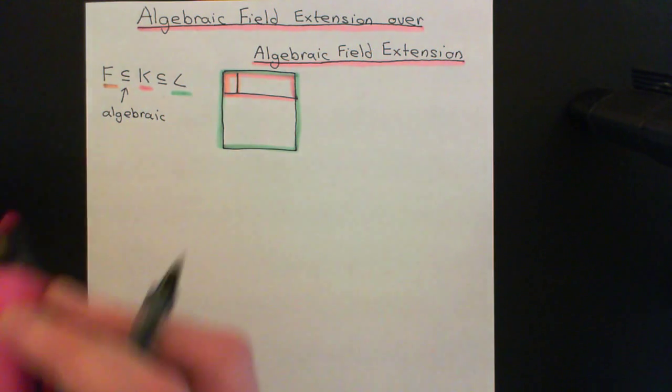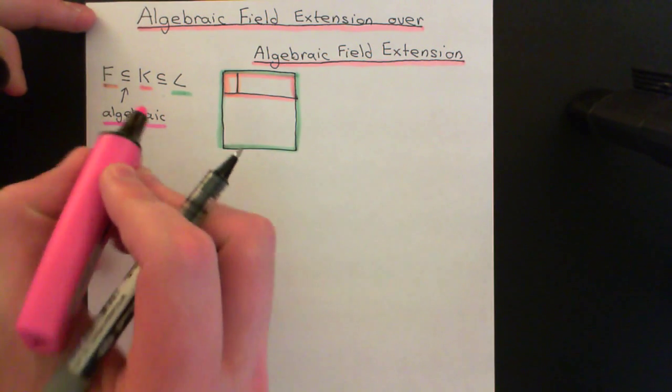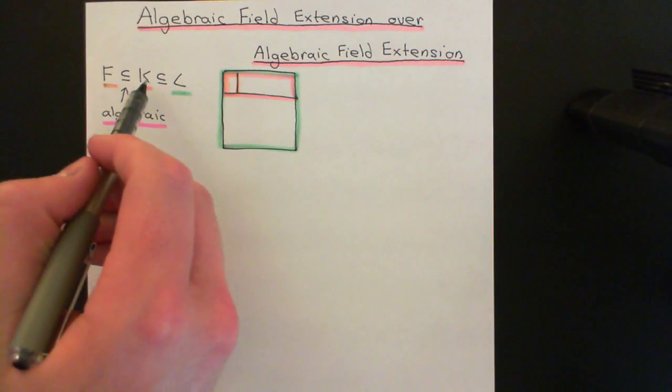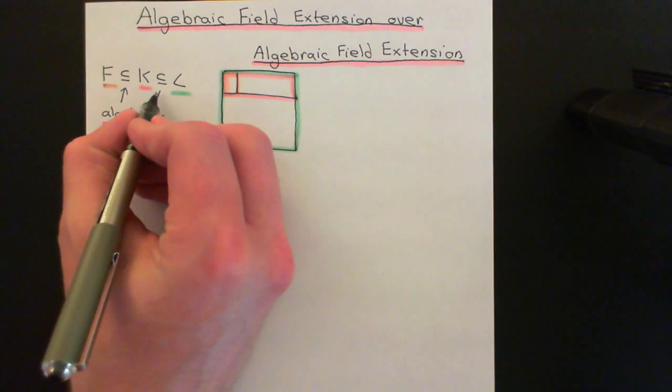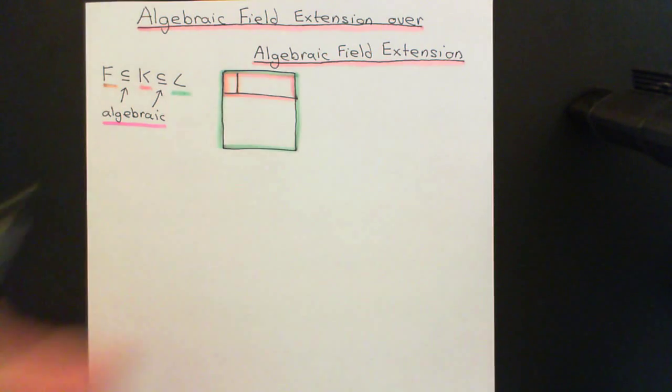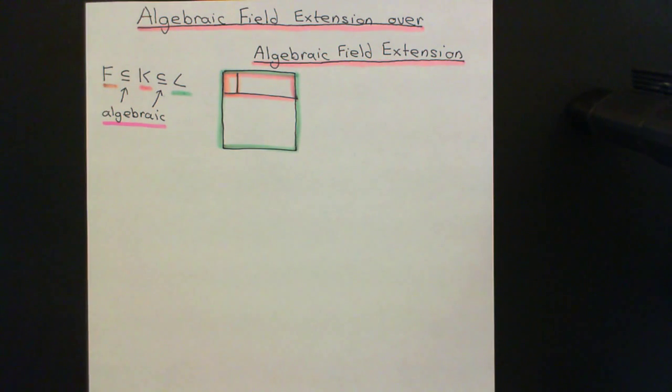So K is going to be an algebraic field extension of F, and we're also going to assume that L is an algebraic field extension of K, which again means that all elements of L are algebraic over K. So all elements of L are the root of a non-zero polynomial in the ring of polynomials over the field capital K.